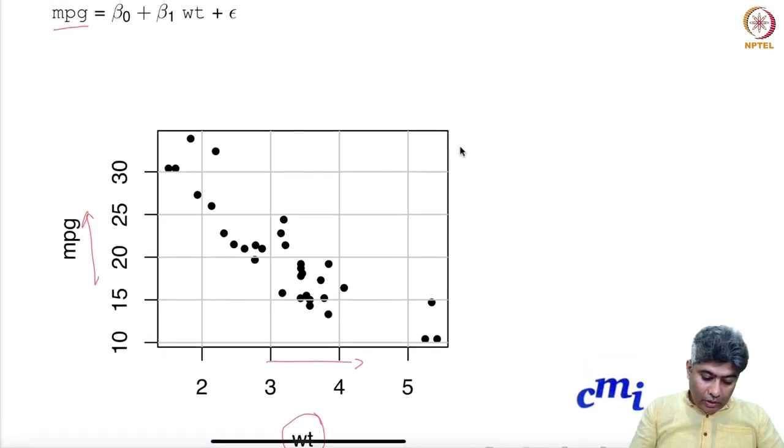The model that we are fitting is miles per gallon as a function of weight: miles per gallon equals beta naught plus beta 1 times weight. Beta naught is the intercept term, and beta 1 is the slope.